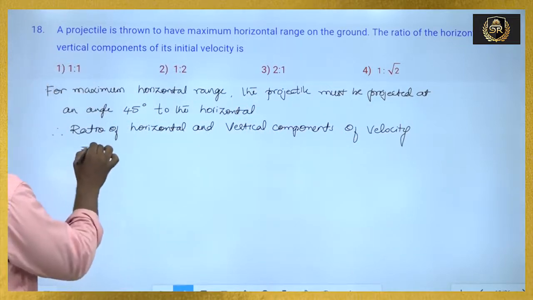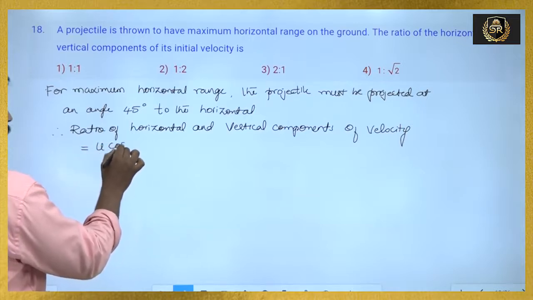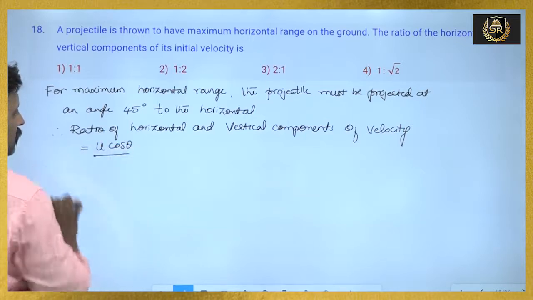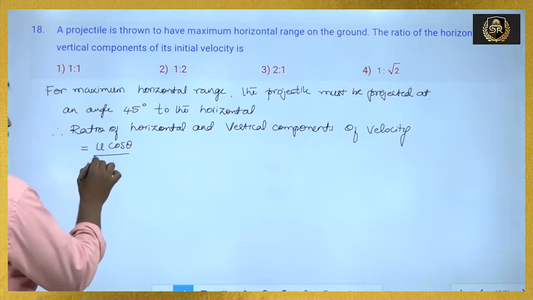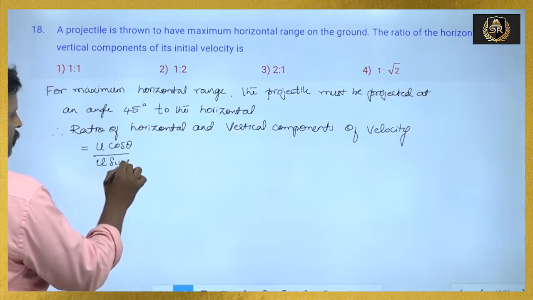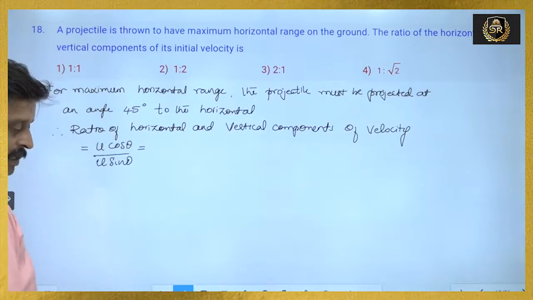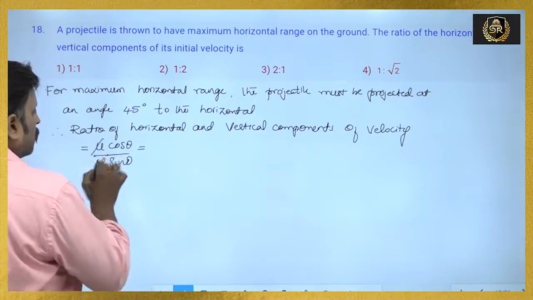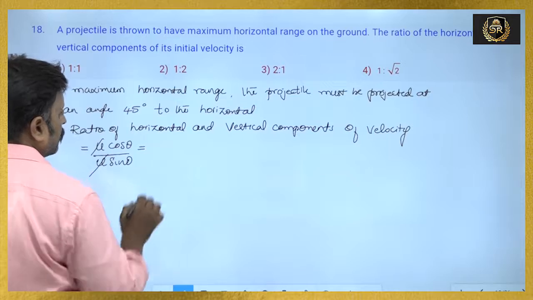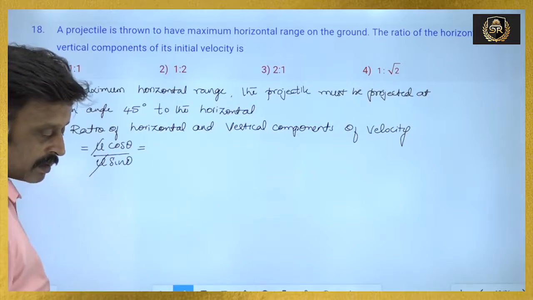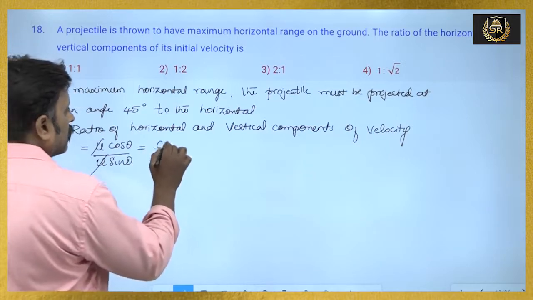What is the horizontal component of velocity? For a projectile, u cos theta. The vertical component of velocity of projectile is u sin theta. So I can write it as u, you can cancel. Theta 45 degrees.